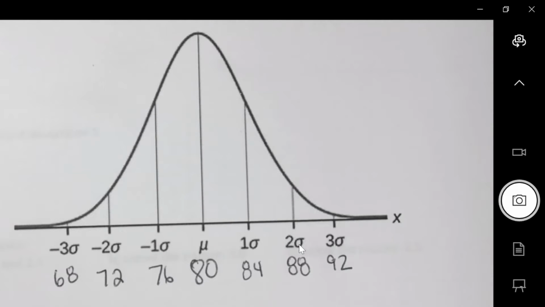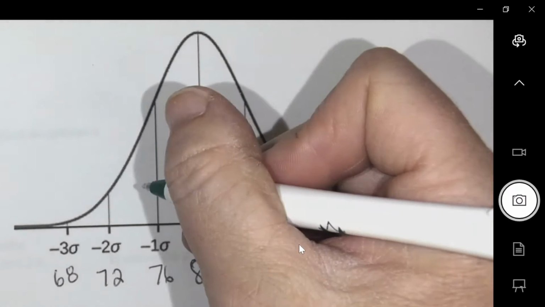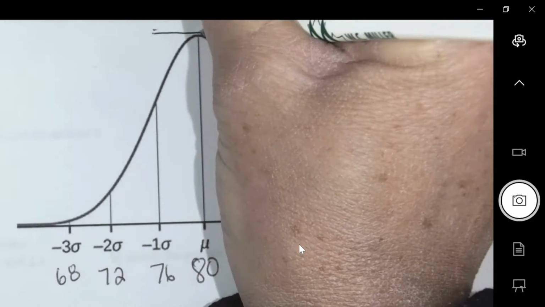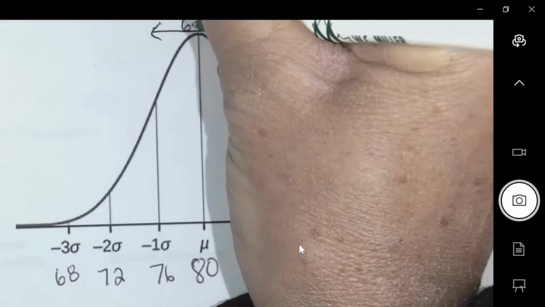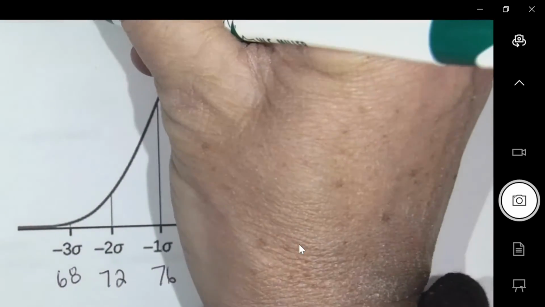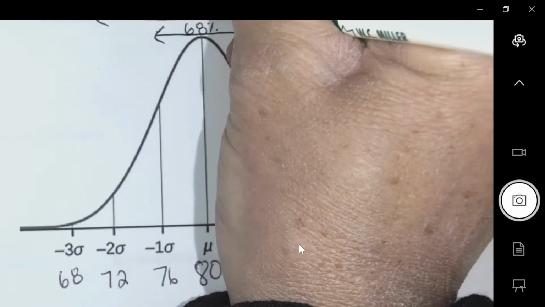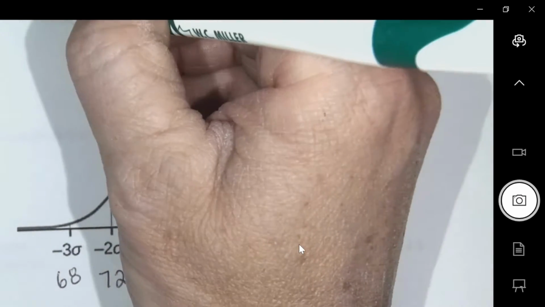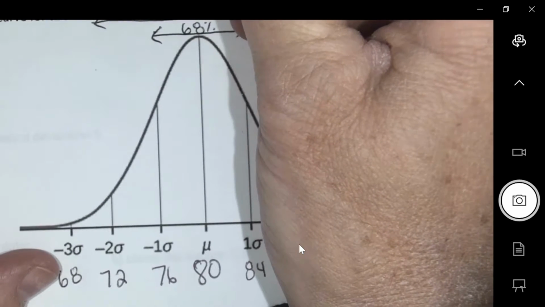Okay, on your cheat sheet, you will probably want to have a copy of this. Do you remember this thing? So there's 68%, 95%, 99.7%.